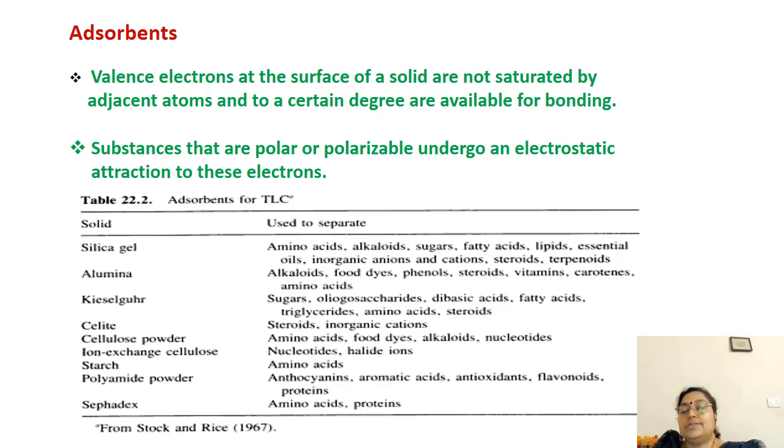So the substances get adsorbed on the stationary phase. There are different types of adsorbent available for TLC. Most commonly used are silica and alumina. In addition to that, Kieselguhr, zeolite, cellulose powder, ion exchange cellulose, starch, polyamide, and Sephadex are also used.